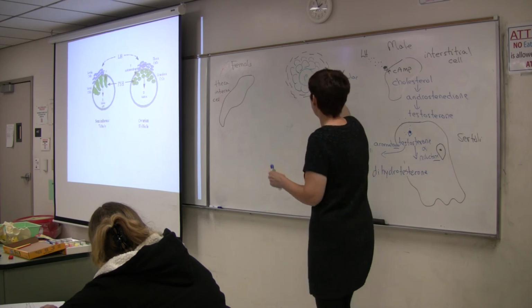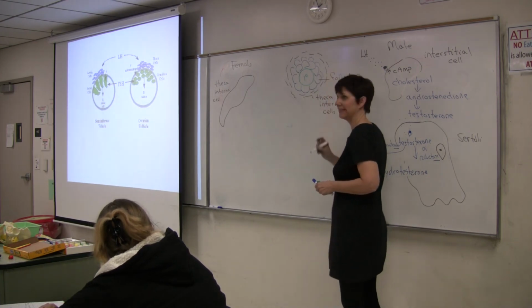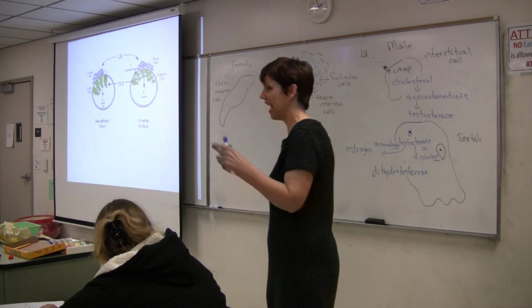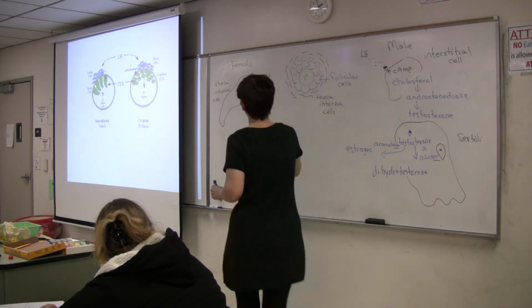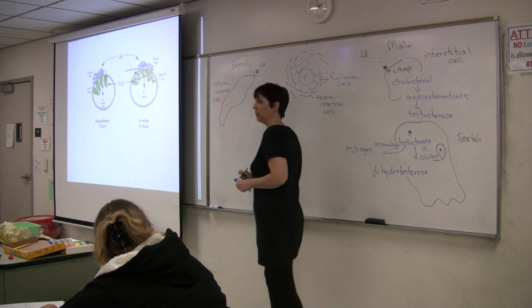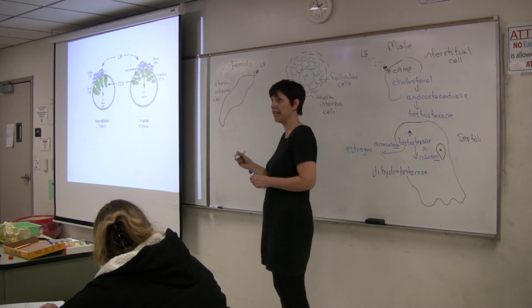What hormone is going to bind to this theca interna cell? Continuing our homology. LH. All right, so LH binds to the receptor in the membrane of the theca interna cell.